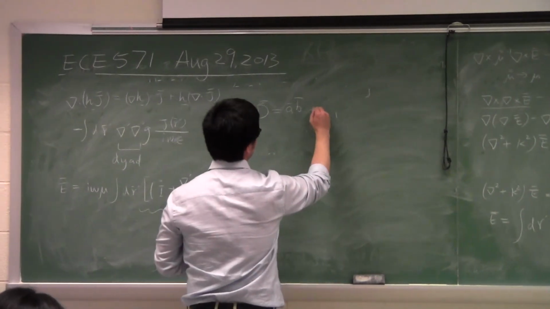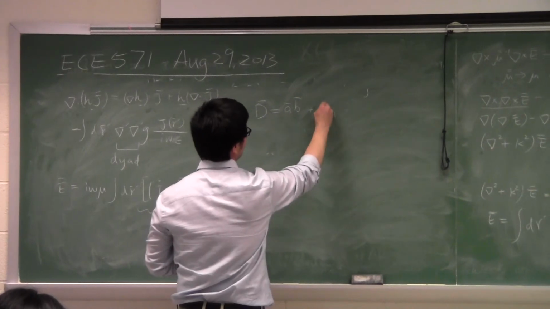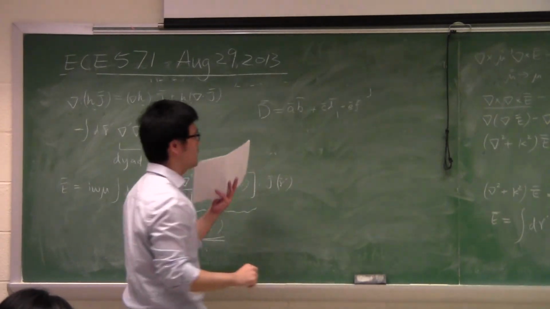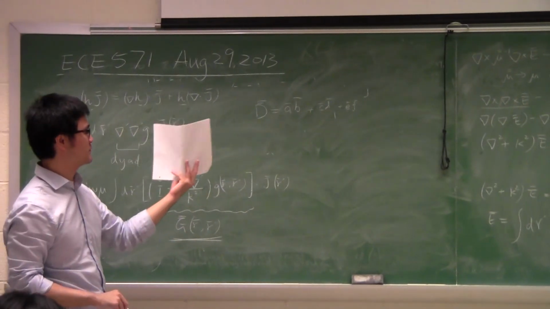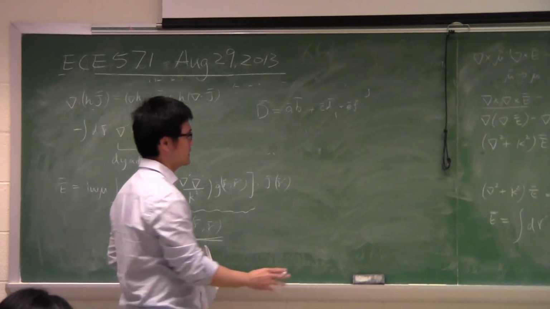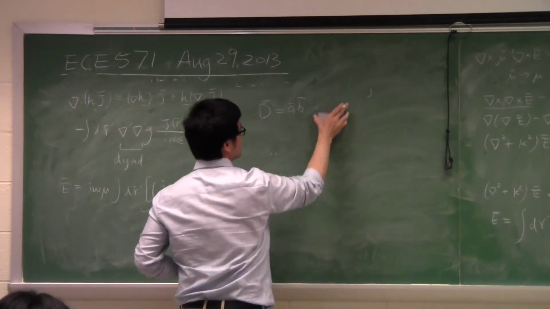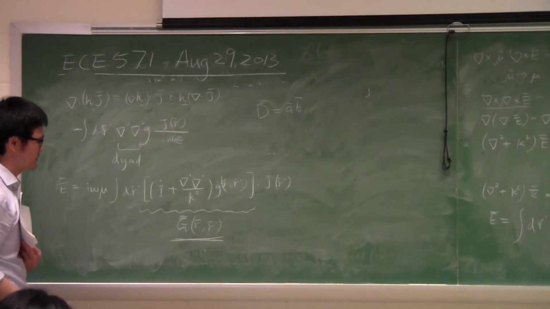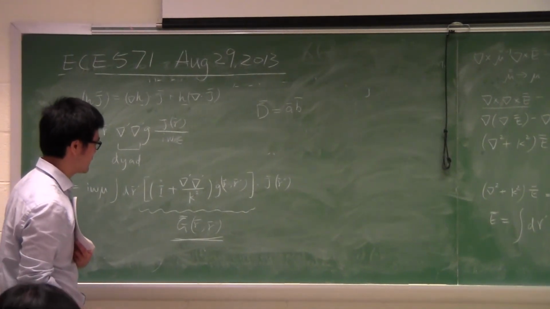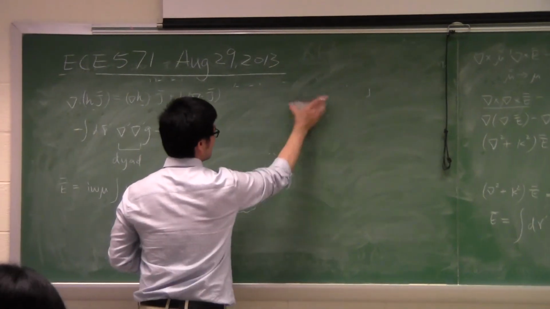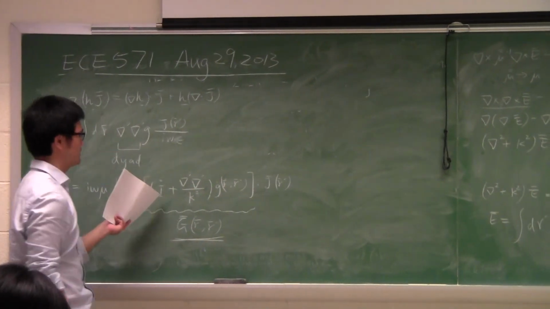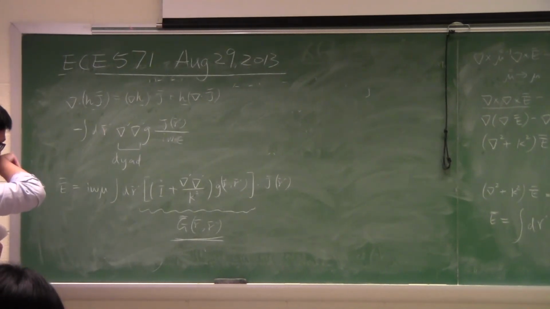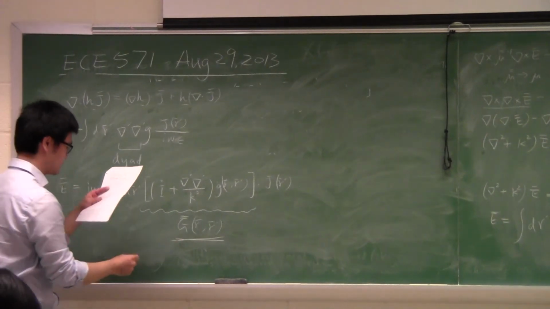It can be written as AB plus CD plus maybe EF. A tensor can be written in this form, but only when it's two vectors put together can it be called a dyad. So somebody may argue that we should call this a tensor Green's function, but anyway, because we have added this term here, we have arrived at this dyadic Green's function.